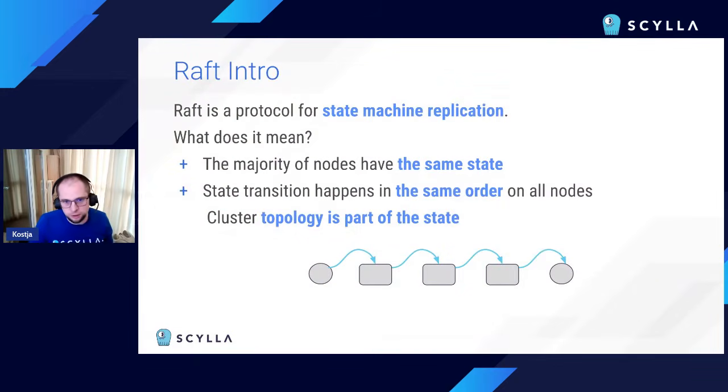So Raft is called a protocol for state machine replication. The idea is, imagine you want to have a reliable implementation of some process, and you want to make it reliable.